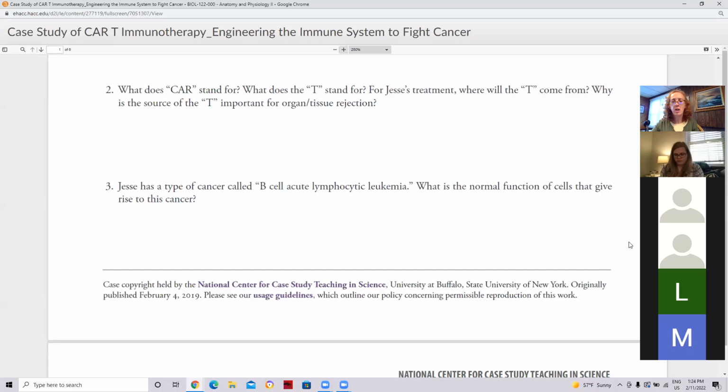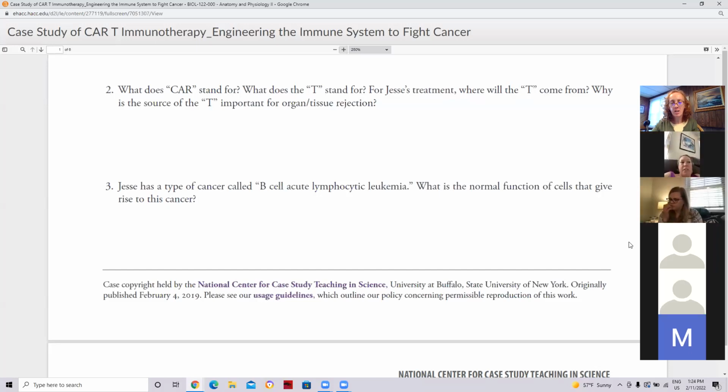Oh gosh, I just had it. They produce antibodies, right, to fight bacteria. That's what I was thinking, but it won't come out. Okay, so they're the ones that are going to normally produce antibodies against antigens. They're going to proliferate. They're going to get activated by an antigen that they bind to.